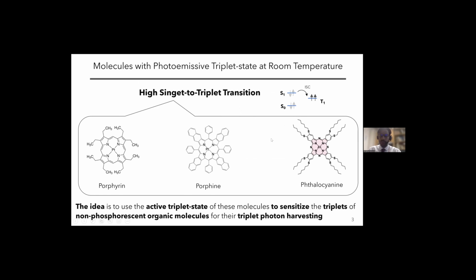This is due to the high spin orbit coupling in these molecules that results in transition of the singlet state to the triplet state. So the idea of my research is to use this active triplet state of the photoemissive triplet molecule to sensitize the triplets of the non-phosphorescent organic molecule to harvest their triplet energy.